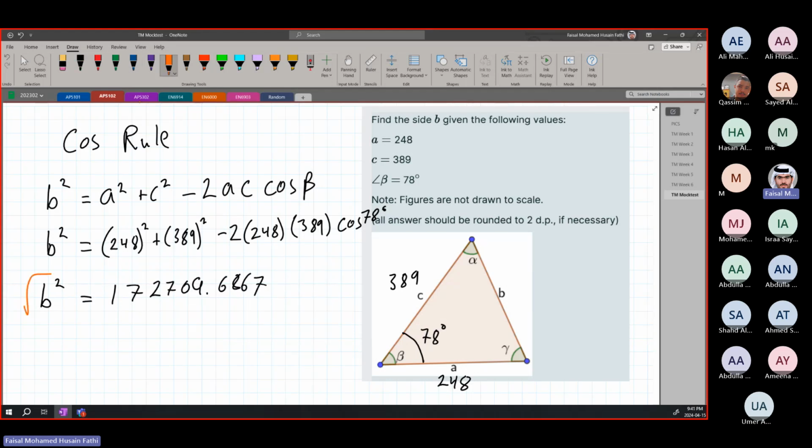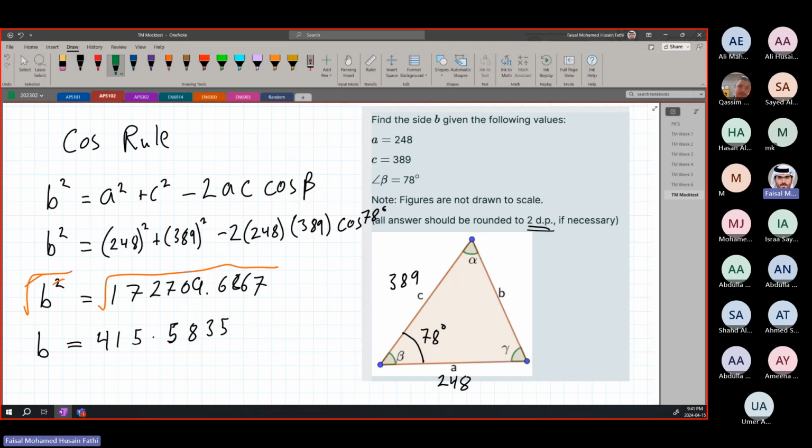Doesn't matter. We're going to have to do the square root now so we can get rid of the squared. So b is going to be equal to the square root of that number, which is 415.5835. All right, it wants it to 2 decimal places.